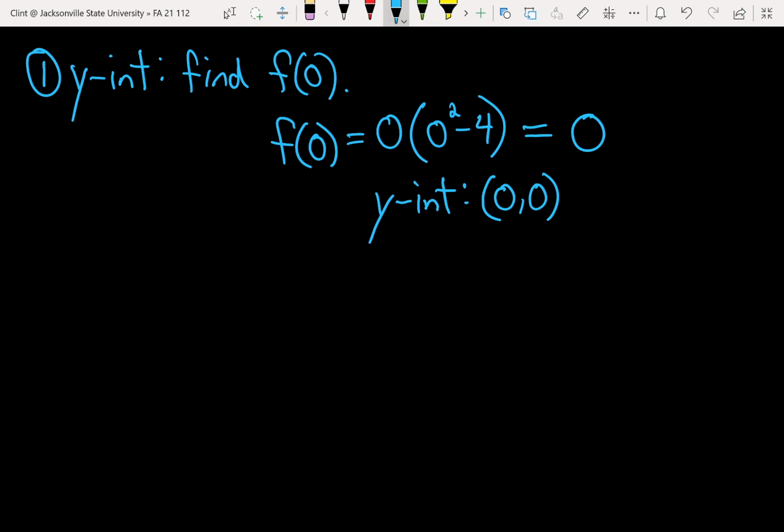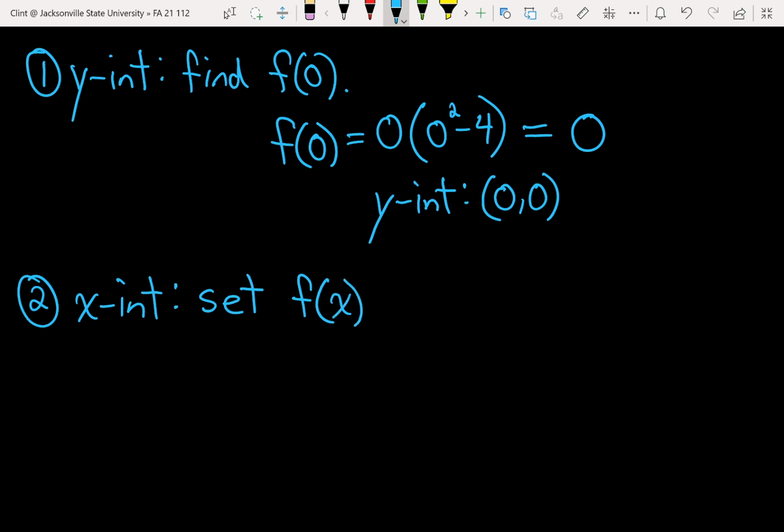So remember from last time, to find x-intercepts, we take our function, whatever it is, and set it equal to 0, and then solve for x.